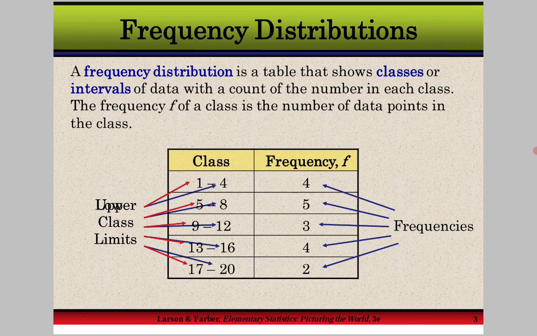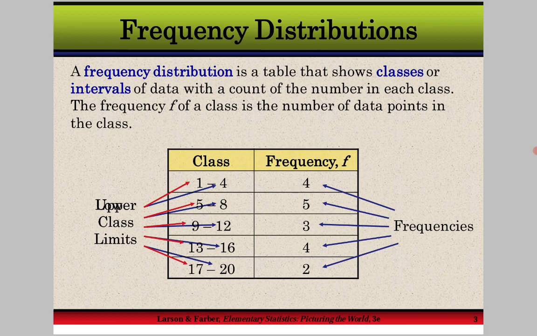In this example we may take some numbers, where the minimum value is 1 and the maximum value is 20. Here the numbers are divided into classes by taking 1 to 4, 5 to 8, 9 to 12, 13 to 16, 17 to 18, like that.